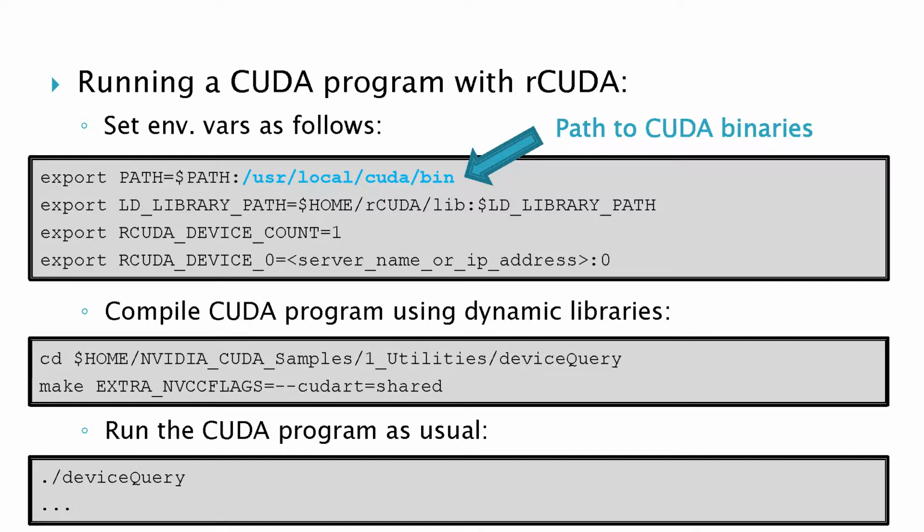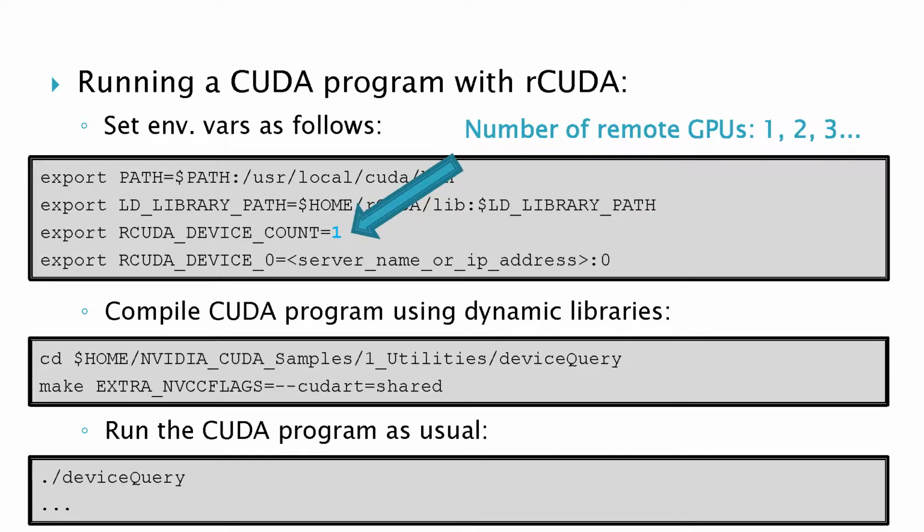Next, I need to tell rCUDA how many remote GPUs I'm going to use. For instance, in this case, I will have access to one remote GPU. So we set an environment variable called rCUDA device count, and in this case we tell it just one. And then, where is this remote GPU?